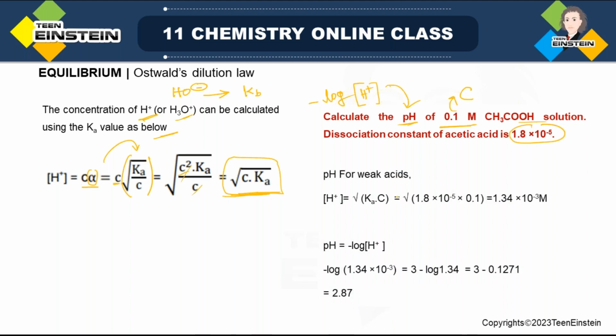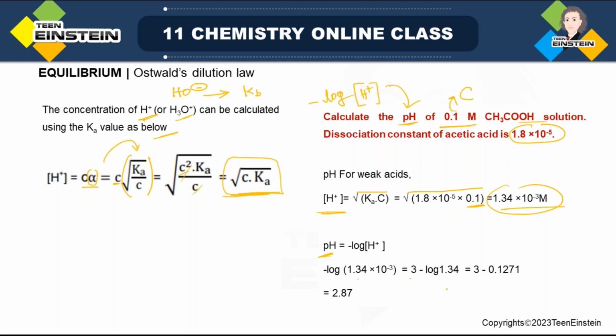So for a weak acid, to calculate pH, first the H plus concentration is root over Ka into C. The Ka value is given as 1.8 times 10 to the minus 5 and C is 0.1. So this is the ultimate answer for H plus. But we need to know the pH value, and pH is the negative logarithm of H plus. So put negative log before this value, and the negatives cancel.